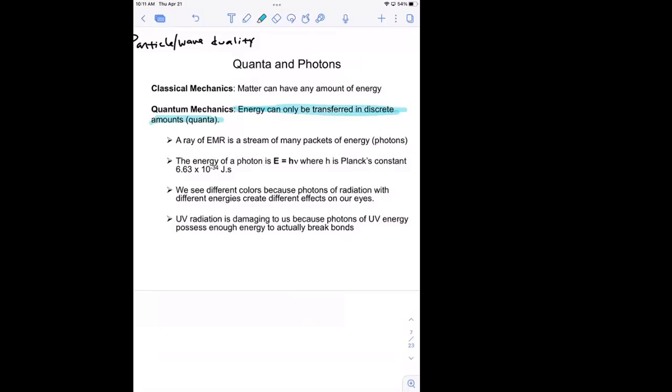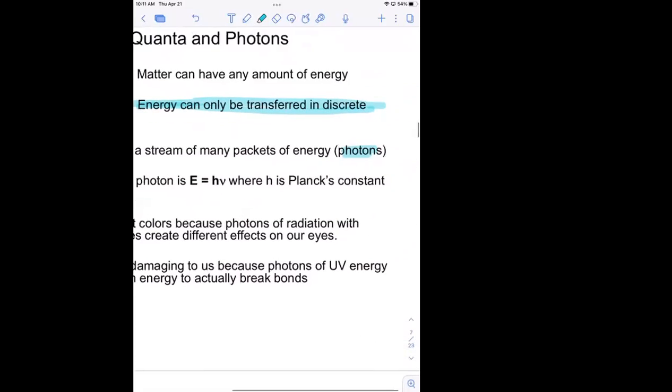And so using that idea, we're able to calculate the energy of what we call a photon of light or a packet of light, right? So one particle or packet of light, we call it a photon.